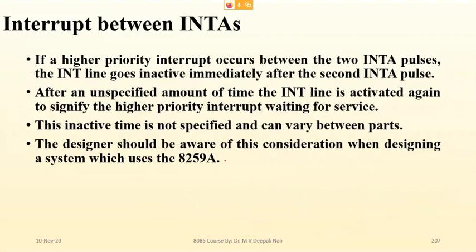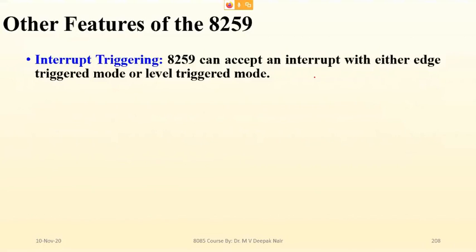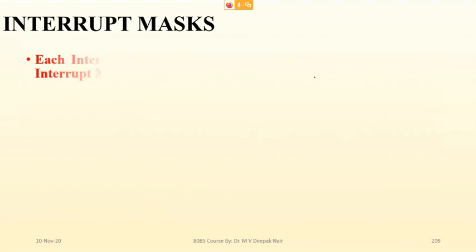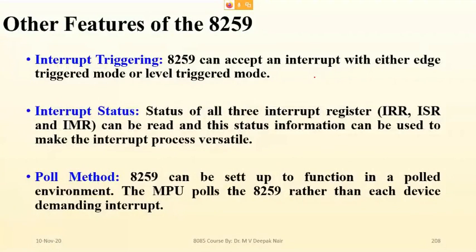Now when the interrupt line is active again, the 8085 has to pass new three INTAs after the line is activated. Other features include interrupt trigger and interrupt status. As talked about before, we can pass either edge triggered interrupts or level triggered interrupts.